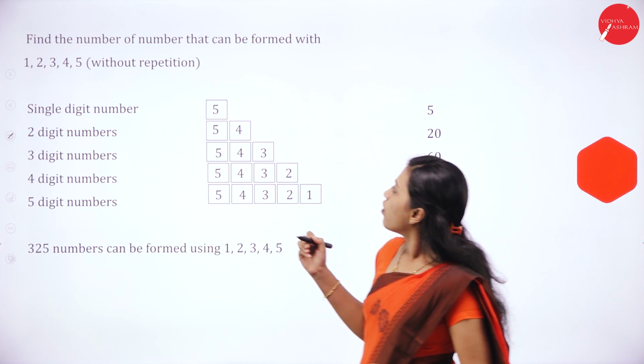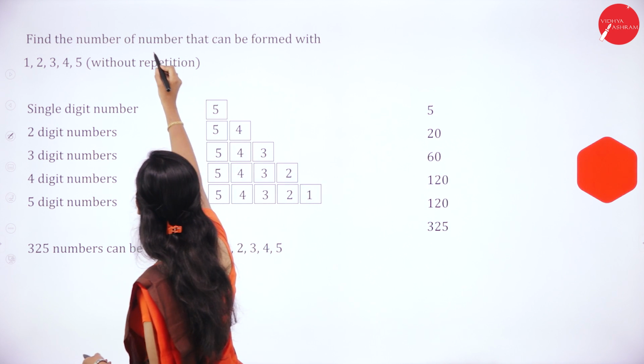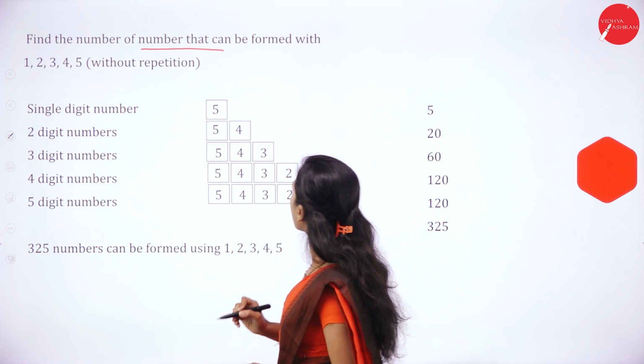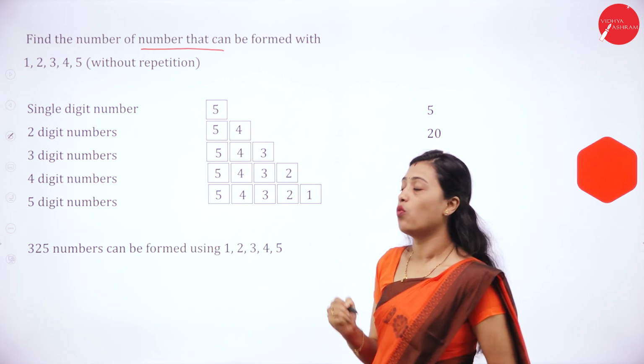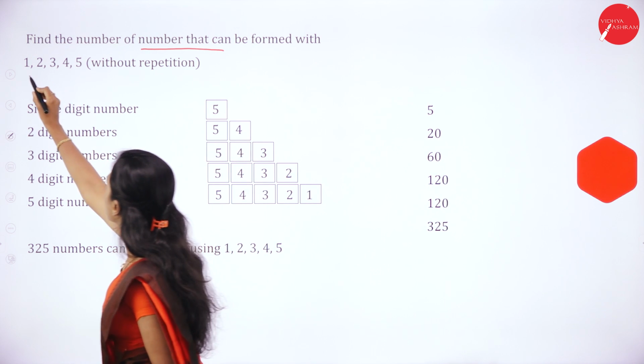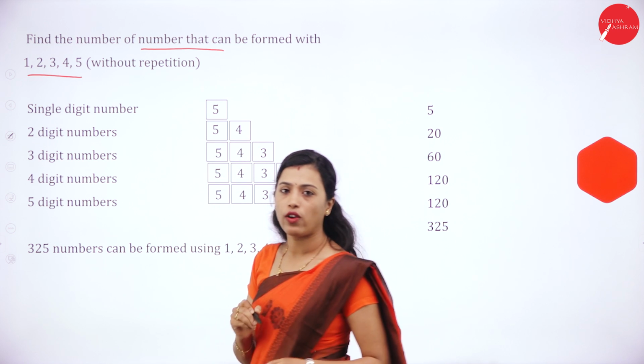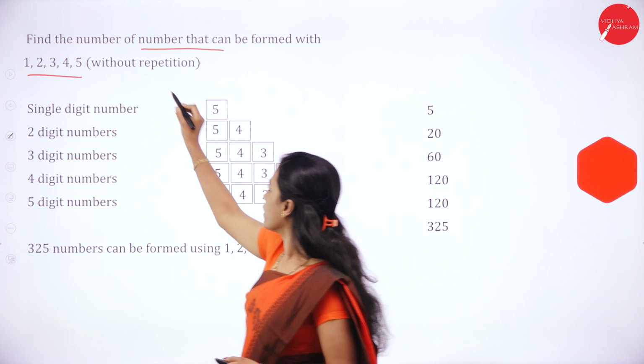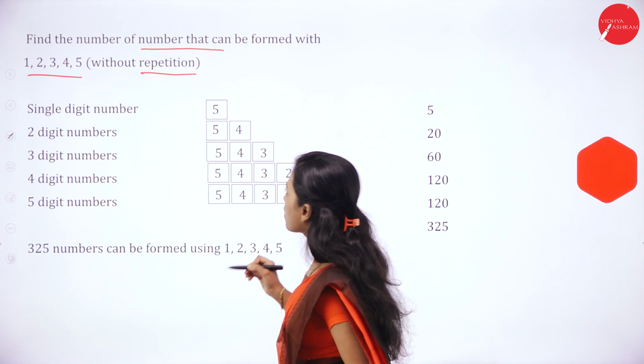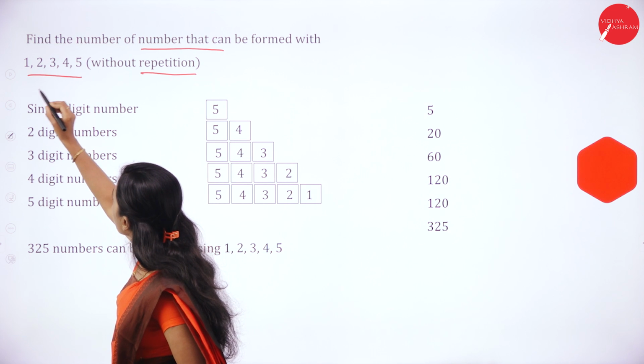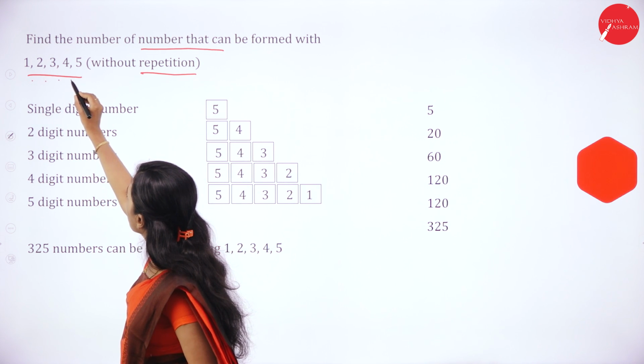Next, find the number of numbers that can be formed with 1, 2, 3, 4, 5 without repetition. So here they have given 5 numbers, 1, 2, 3, 4 and 5.